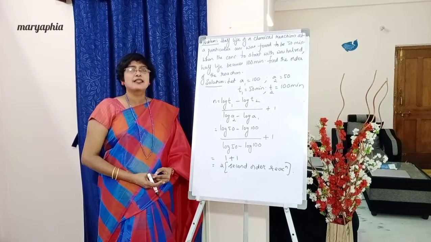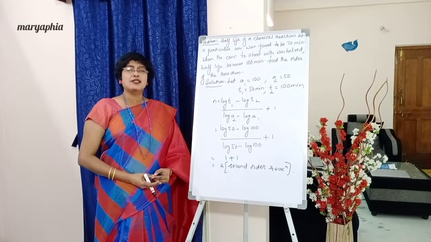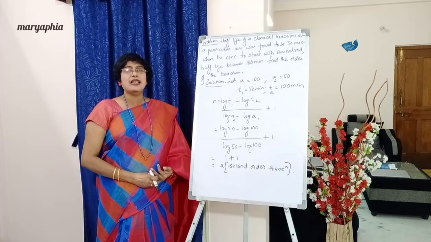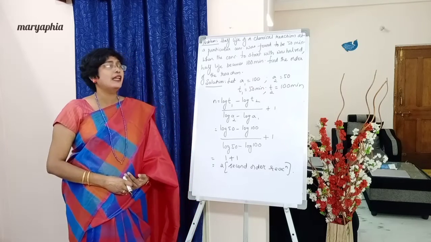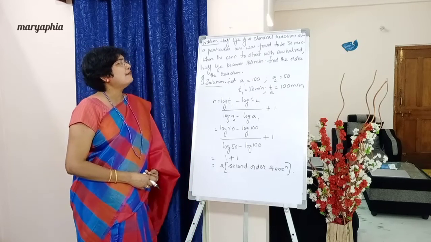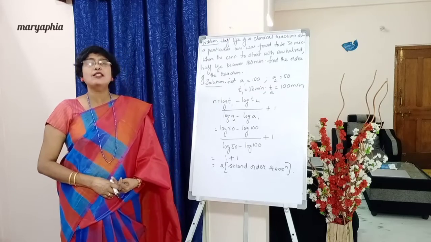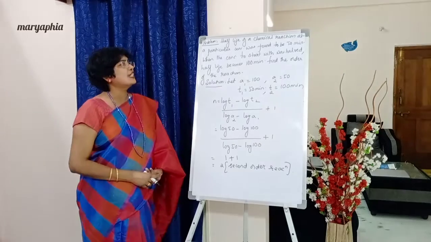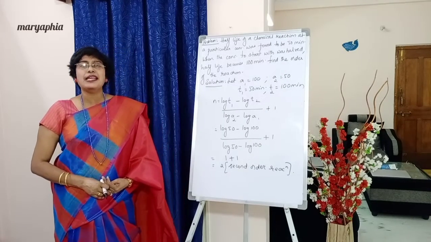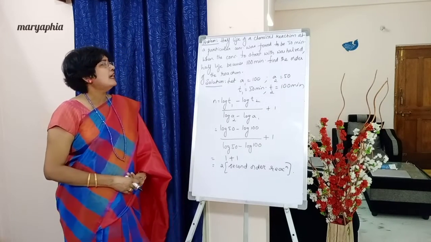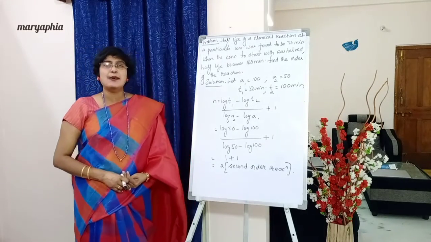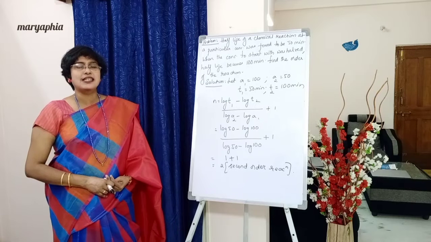Based on this, we have numericals also, students. Okay. So put the side heading, problem. I will give you only one problem as an example. Okay. So write down the problem. Half-life of a chemical reaction at a particular concentration.